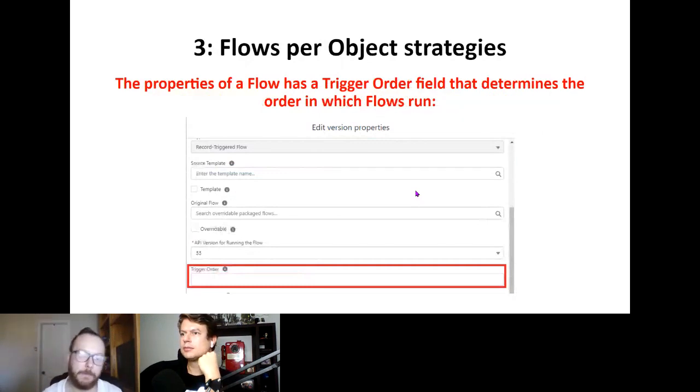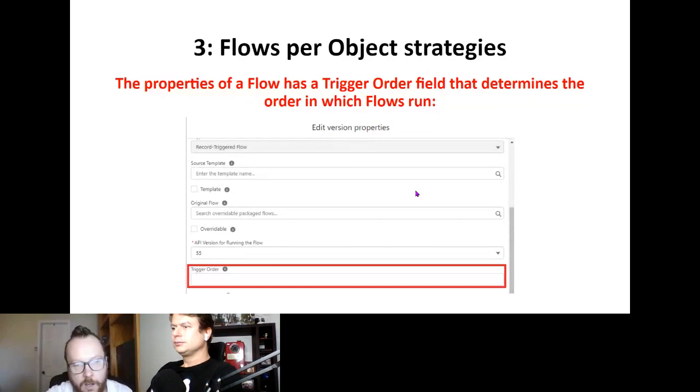Remember, there were two parts. There was using entry conditions to only run the flows when they need to, which we just walked through. And then there was also controlling the order in which the flows run. And so on that point, if you go into the properties of a flow, like the little gear icon, you'll see this field trigger order. And what you can do is populate that with a number value, and that basically determines the order in which the flows run.